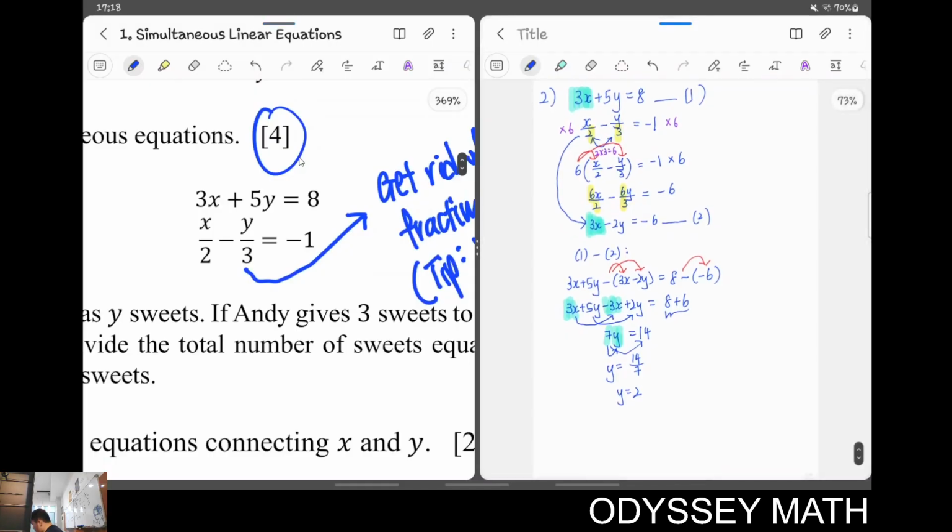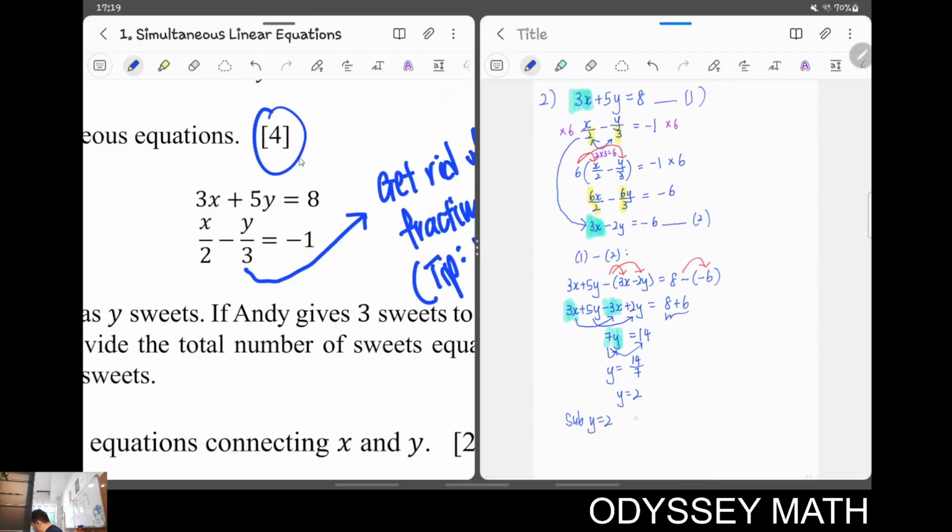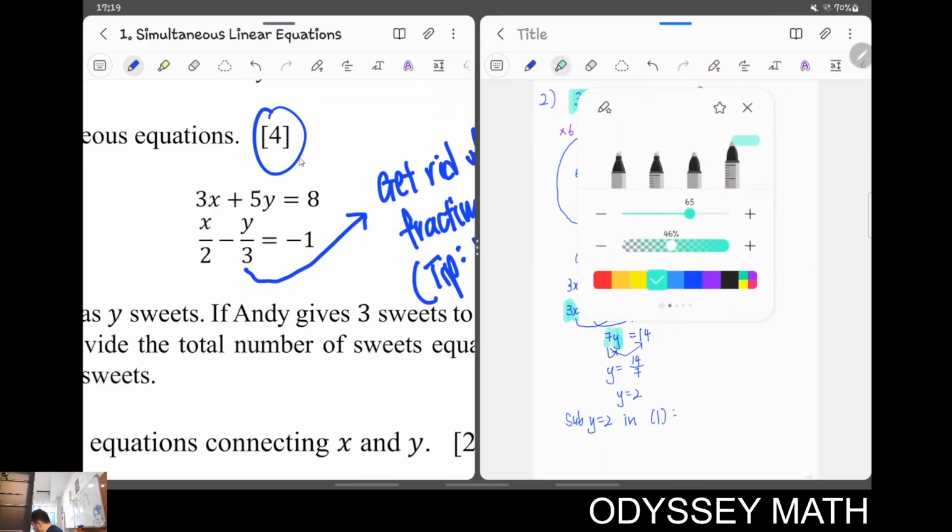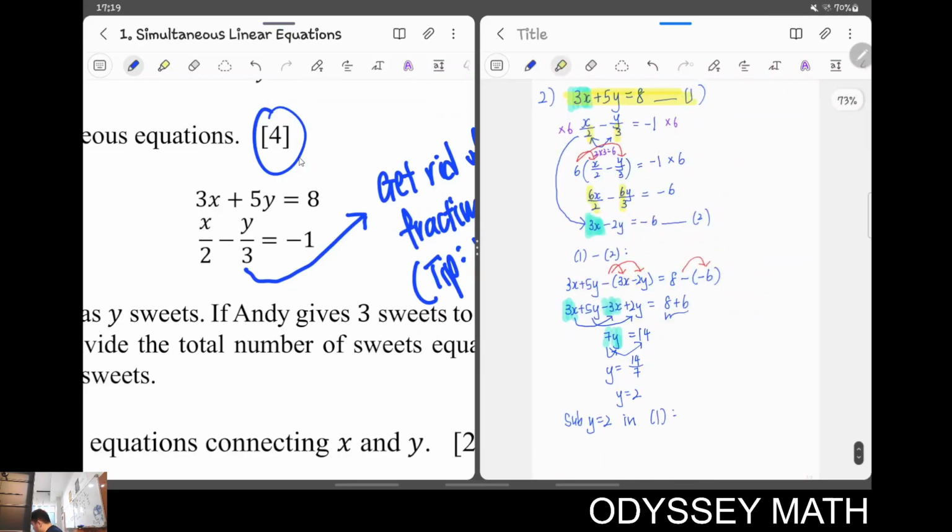Now we solve for x. So we sub y equals 2 into one of the equations above. So say we sub y equals 2 into equation 1 over here, highlighted in yellow. So what we do is we replace the y with 2 in here. So we have 3x plus 5 times 2 equals 8.